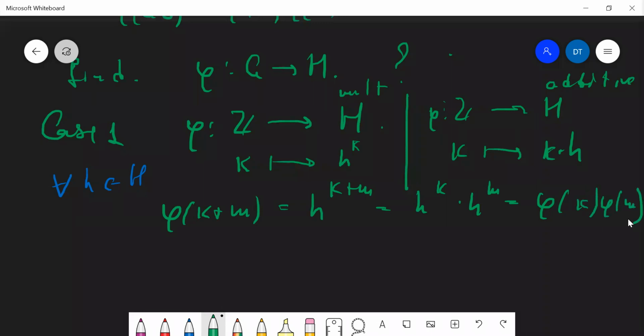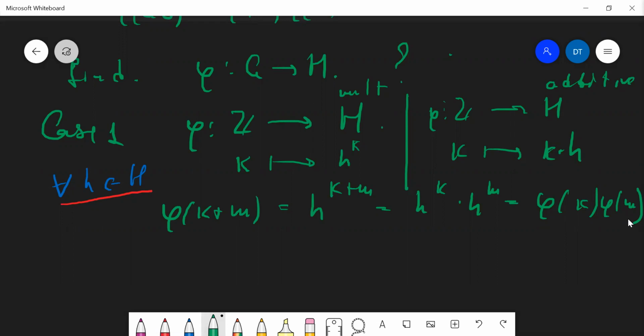So this rule preserves the operation. This is how to produce a homomorphism using an element of H. When you start from an element of H, you can produce a homomorphism from Z to H. Just in case, are there any questions regarding this?